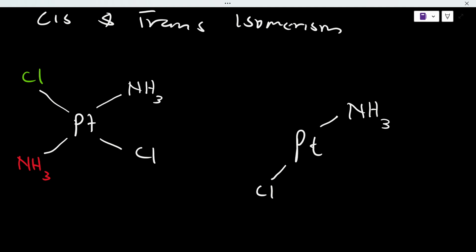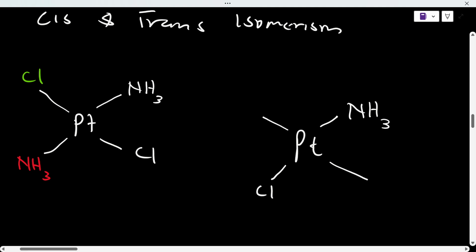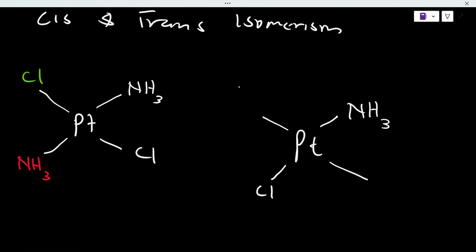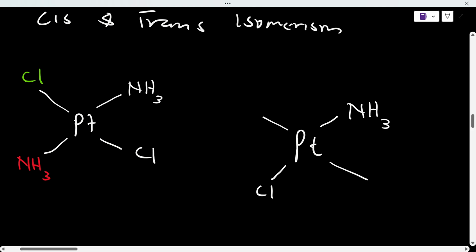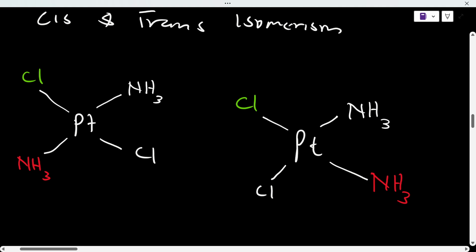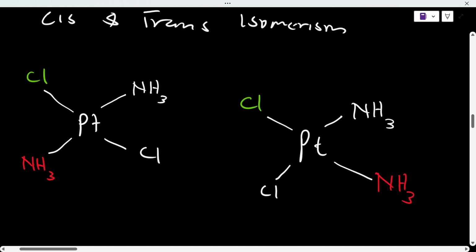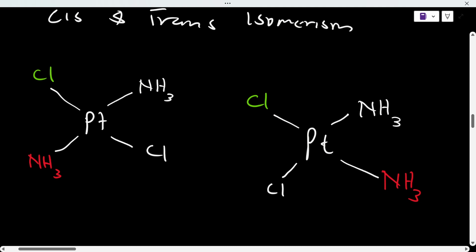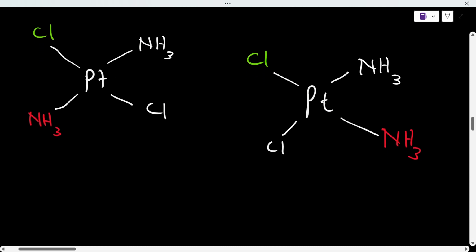I use different colors so that we can see what is really happening. Then on the next side we're going to have that and that. Now on this side I'm going to use chlorine, and on the other side I'm going to use ammonia. Now I'm having two examples here.